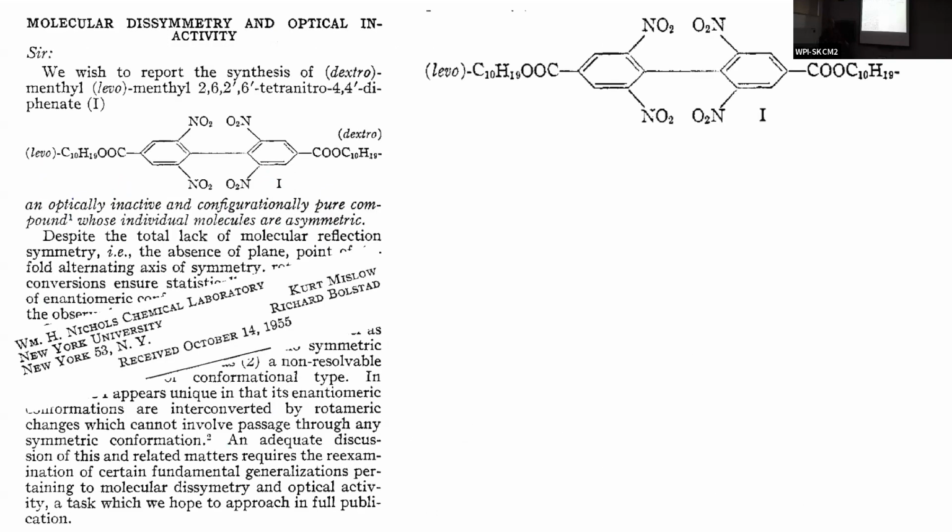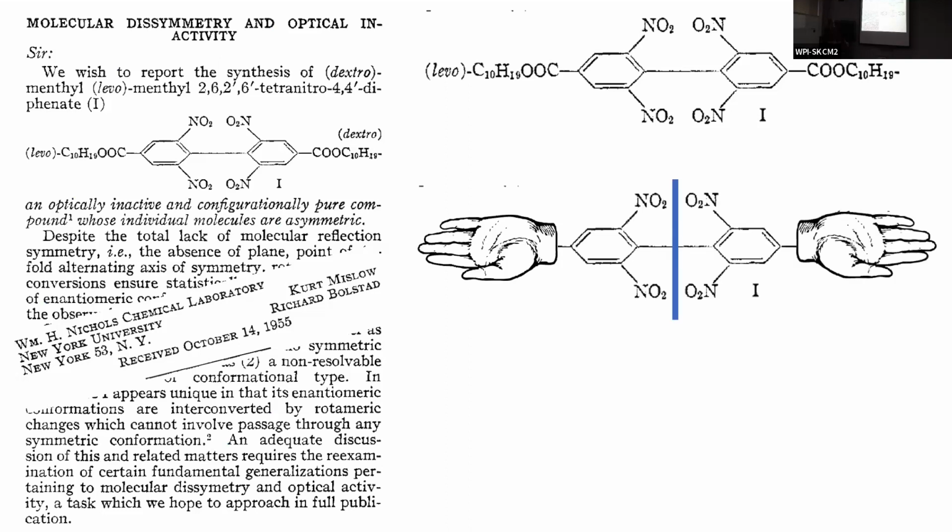That may be hard to see, so let me try to break this down for you. This molecule was synthesized by Kurt Mislow in 1955, and it's a molecule where there's some left-handed stuff on one end, and there's some right-handed stuff on the other end. And it looks like this molecule could be mirror symmetric.